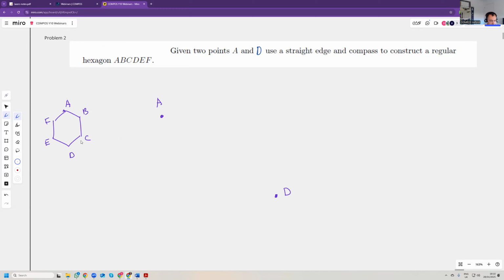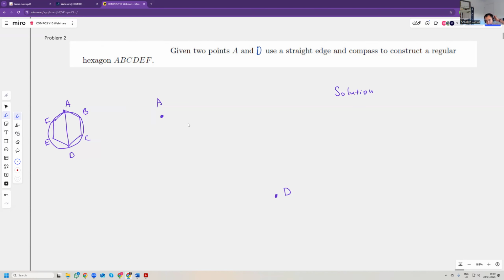So actually, AD is the diagonal of the hexagon, but it's also the diameter of the circumscribed circle.